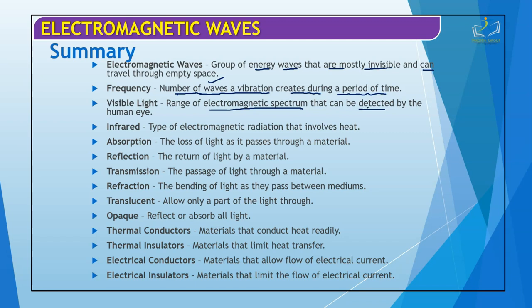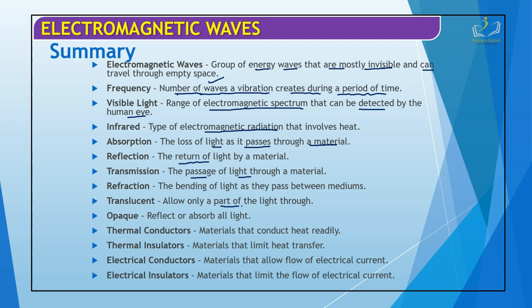It can be detected by the human eye. Infrared: a type of electromagnetic radiation that involves heat. Absorption: the loss of light as it passes through a material. Reflection: the return of light by a material. Transmission: the passing of light through a material. Refraction: the bending of light as it passes between media.